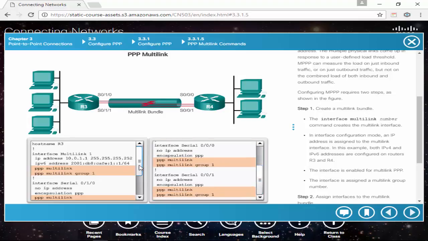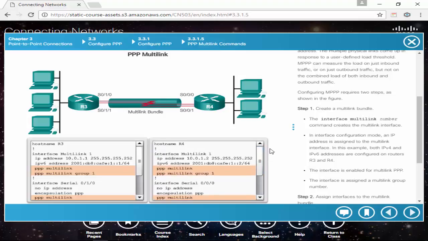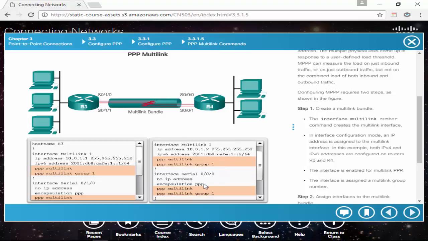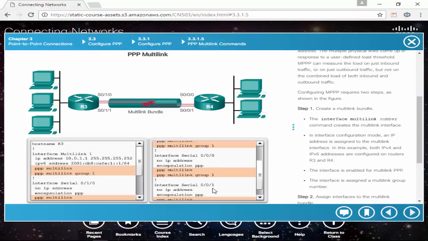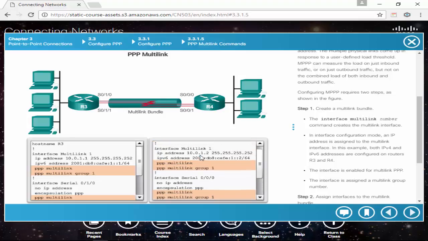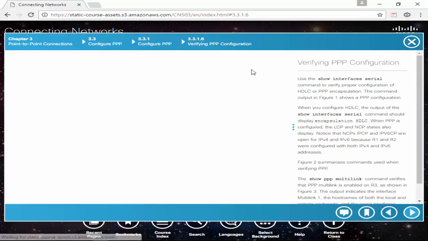It's similar to our EtherChannel. So we program it all in, then we don't put the IP addresses on our serials and we assign them to group 1, which is identified up here. Okay, and that gives them the IP address. It's very similar to our EtherChannel configurations.